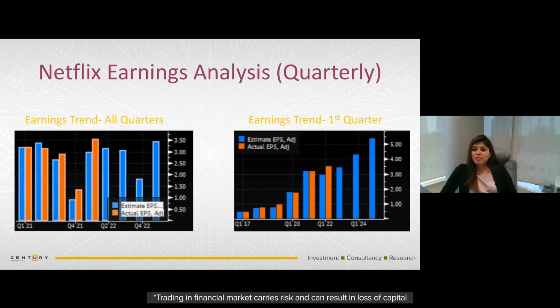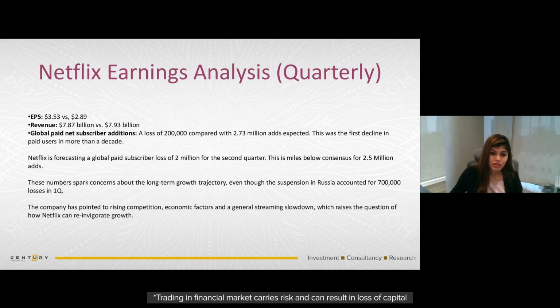Of course, for those who are already tracking the markets, I'm sure they are aware that Netflix actually fell more than 25% after the company reported its earnings, which is why we were saying that just beating the expectations is not enough.